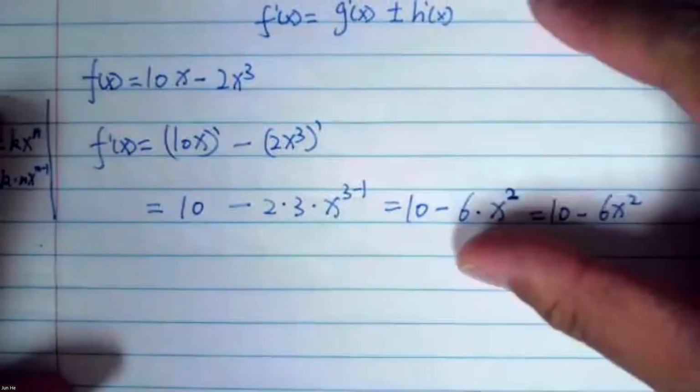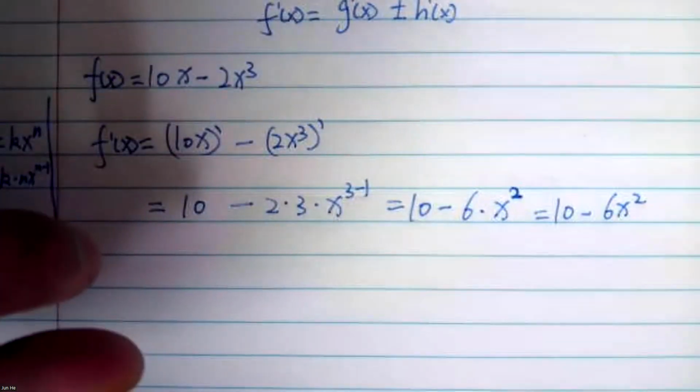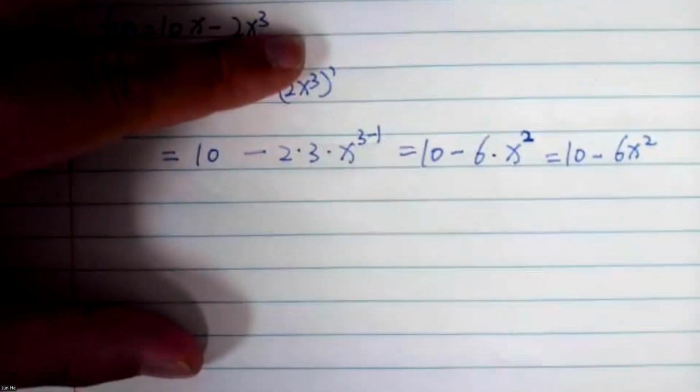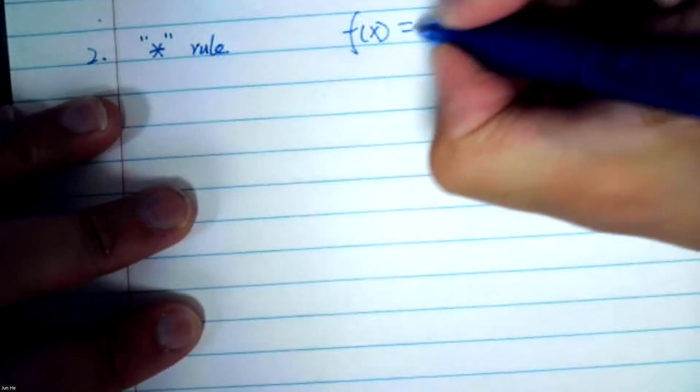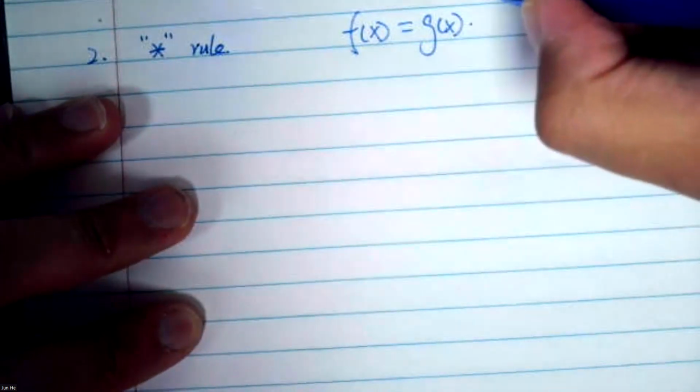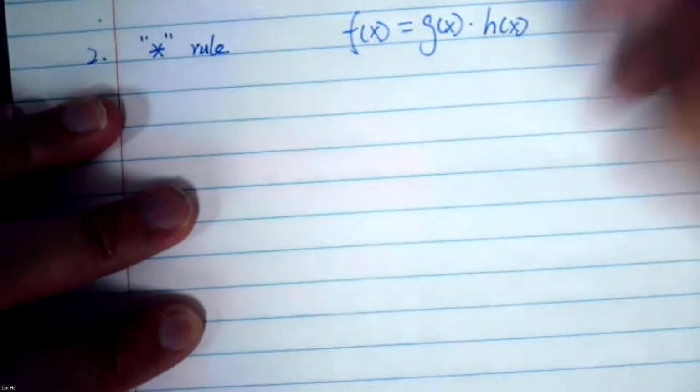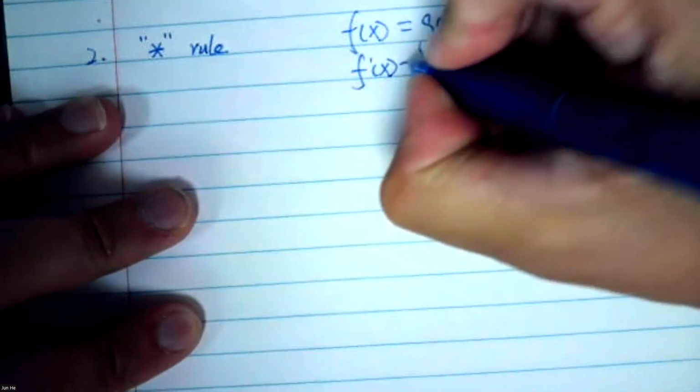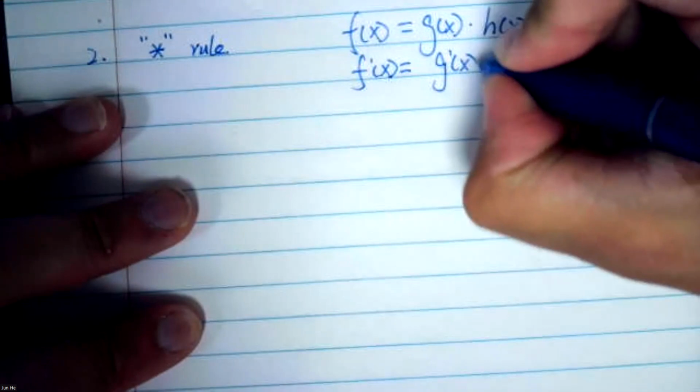So this is one application, okay? And now let's look at the second one, which is the product rule or the multiplication rule. I'll use this star to denote multiplication. Okay, so the product rule is a little bit more complicated, but if you're able to recognize those components, then what you're doing is basically plugging everything in.